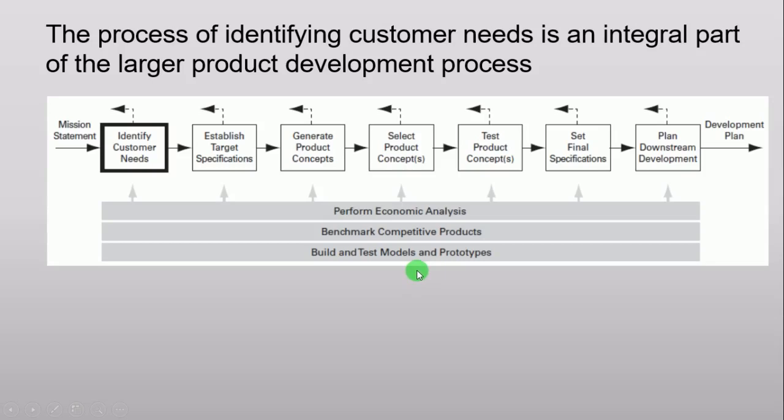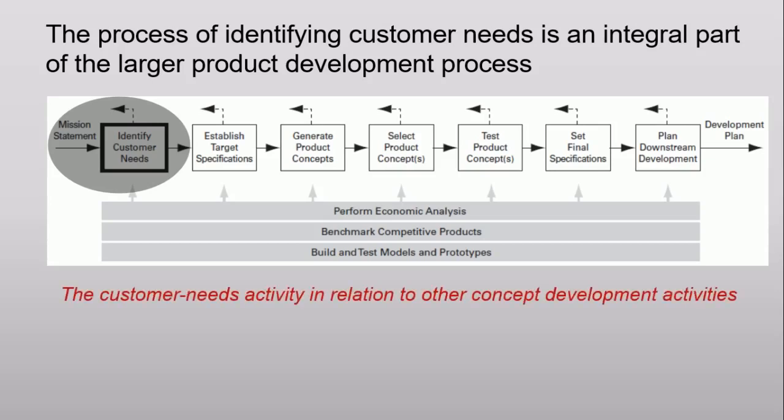Okay, today we discuss understanding the customer requirement, which is the first part of the product development process. After the mission statement is written, you first identify the customers, what the customers want, and what the customers' actual requirements are, so you can fulfill these requirements by developing the concepts. Okay, the customers' needs activity in relation to other concept development activities.